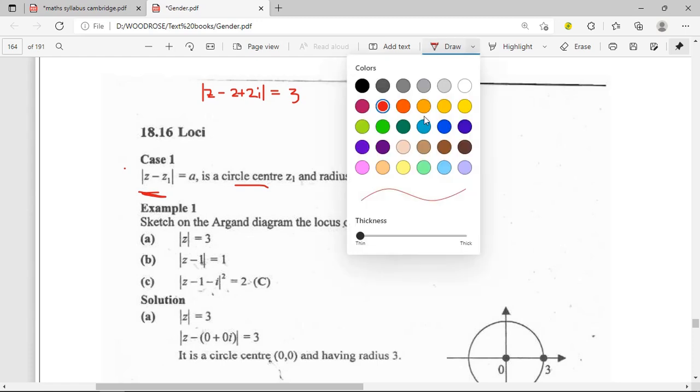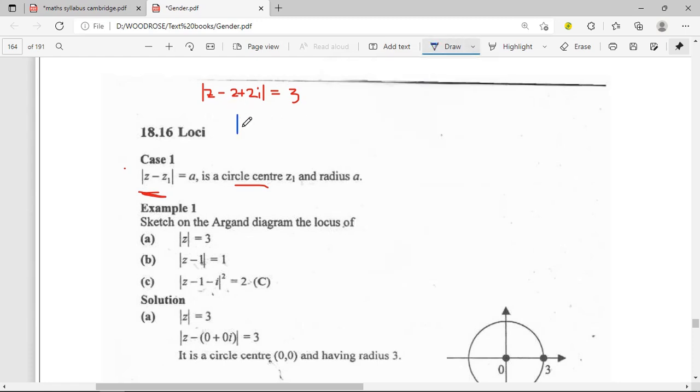Let's rewrite this to modulus of z minus, then we open brackets here. This is going to be our z1. So if we factor out negative here, we are going to say it's now 2. If we factor negative from positive, it's negative 2i, is equal to 3.